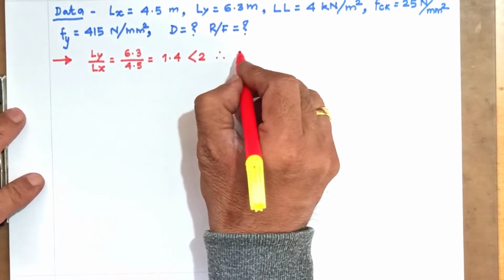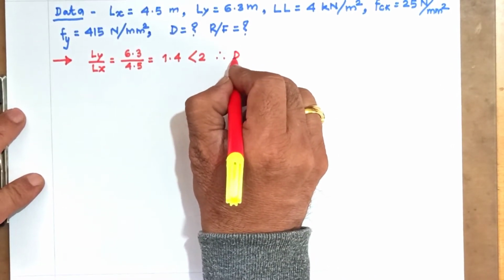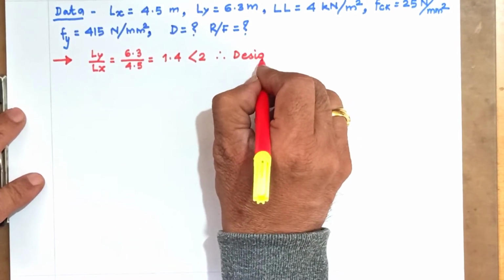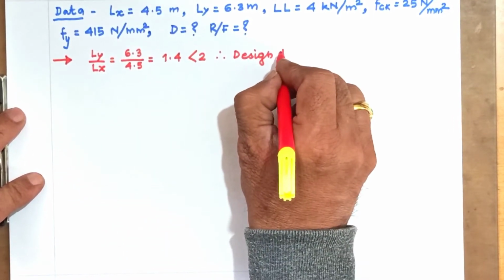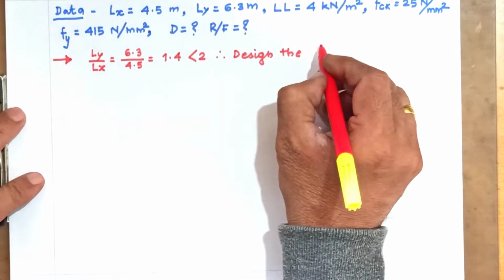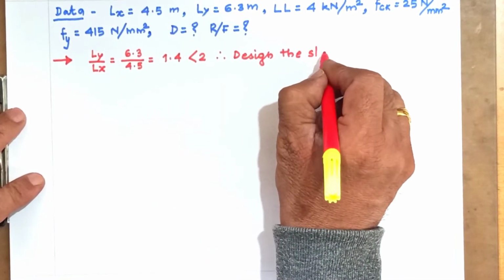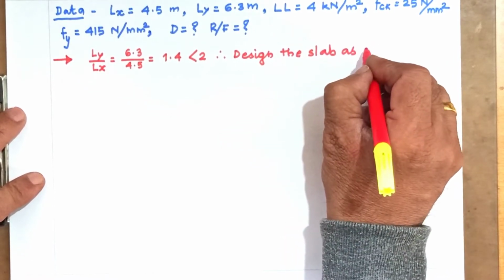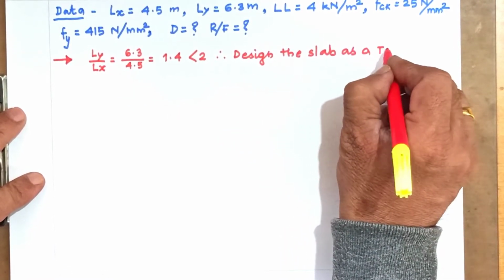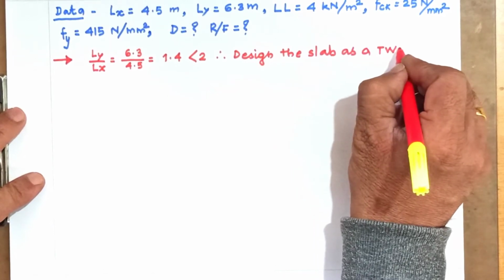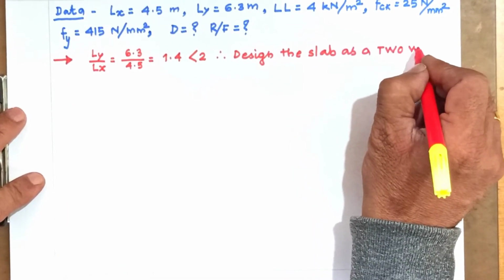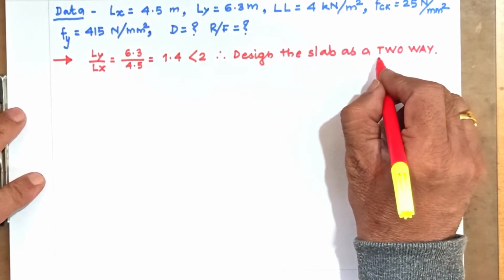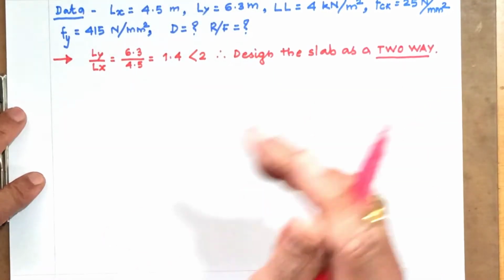Therefore, design the slab as a two-way slab. Okay?